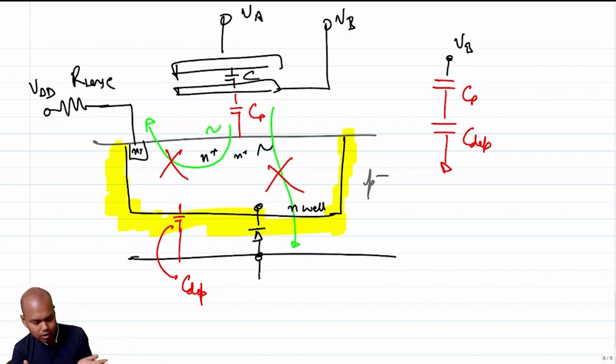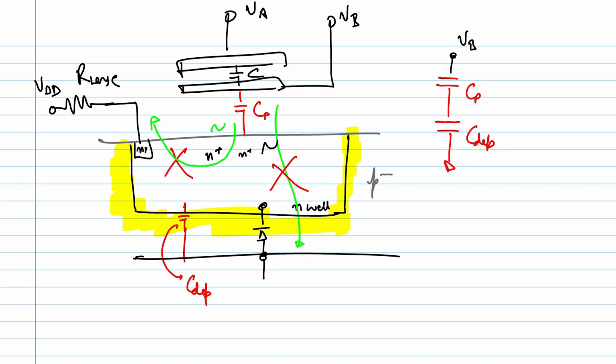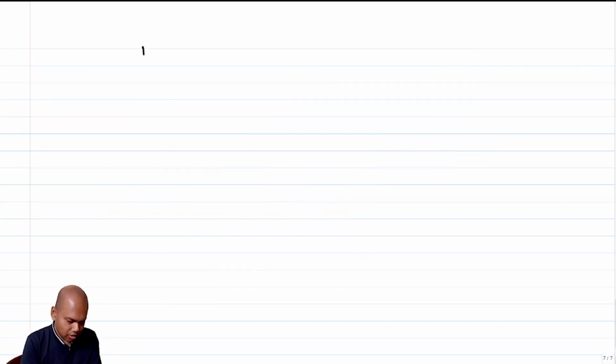But it will never be zero. But by playing these kinds of tricks that I have shown here, you can significantly reduce the effect of the parasitic capacitance, right? Okay, so that is as far as the parasitic capacitances are concerned. What about resistors? I have not talked about resistors at all.